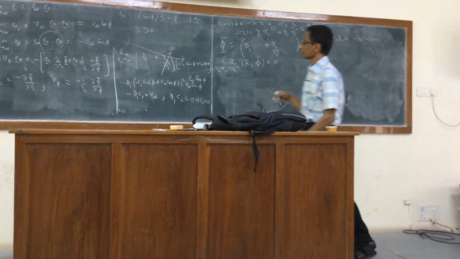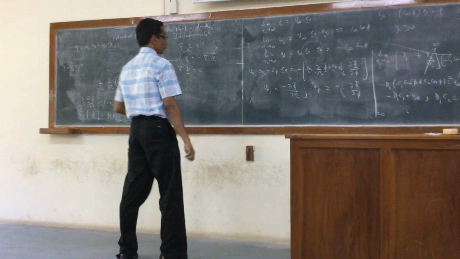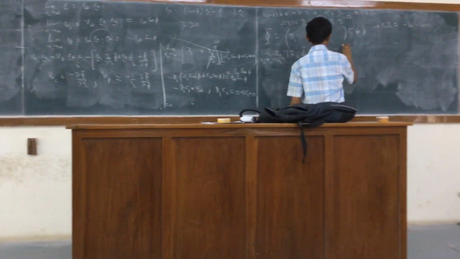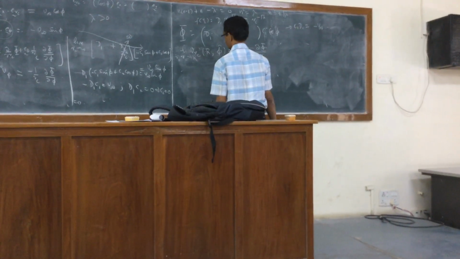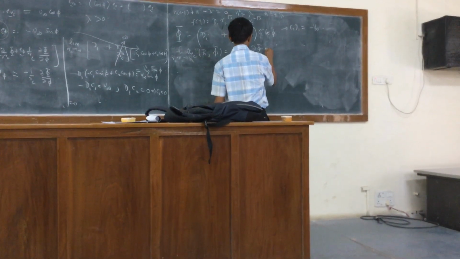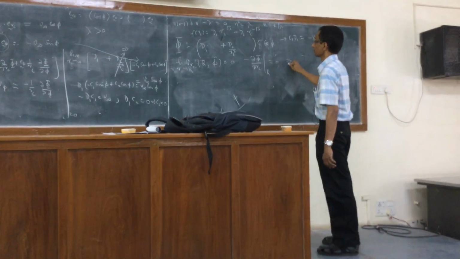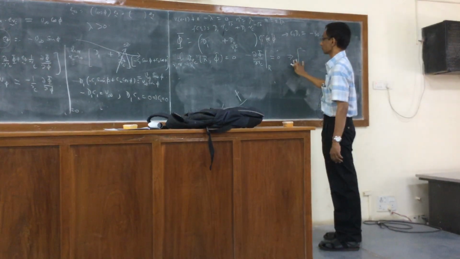So V_r is nothing but minus d phi by dr, evaluated at r = R_c, which has to be 0. If we differentiate, so minus, it doesn't matter.